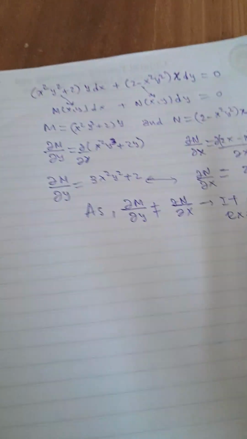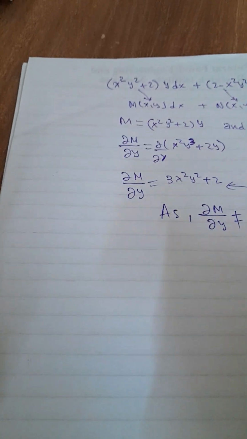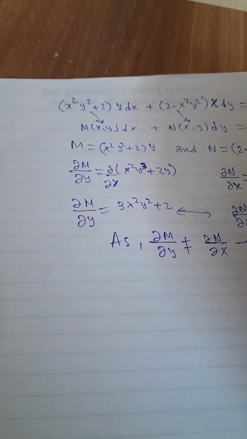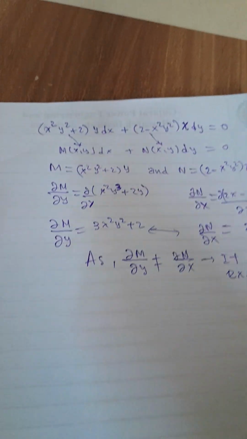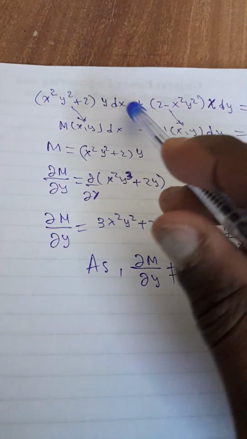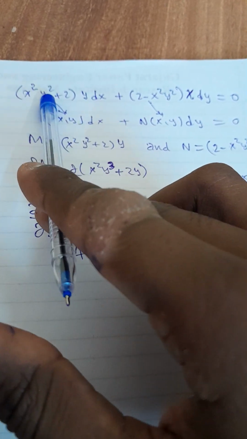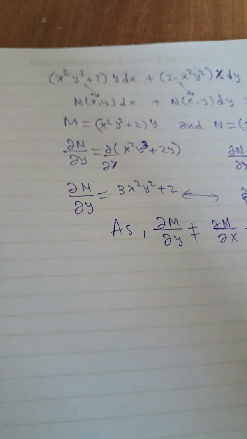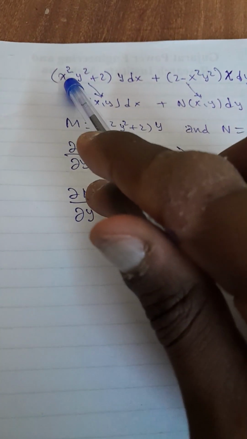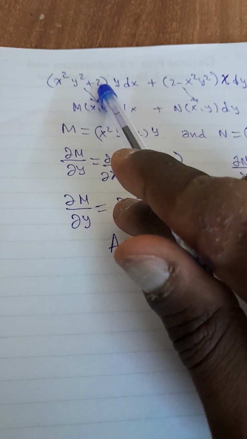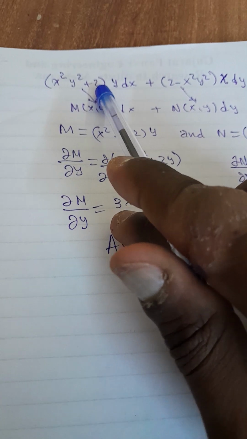So when this is not an exact differential equation, we have to see what form this non-exact differential equation takes. Let us see, is this a homogeneous function? No, it's not, because the degree of this polynomial is 4, and the degree of this polynomial is 0 or 1.